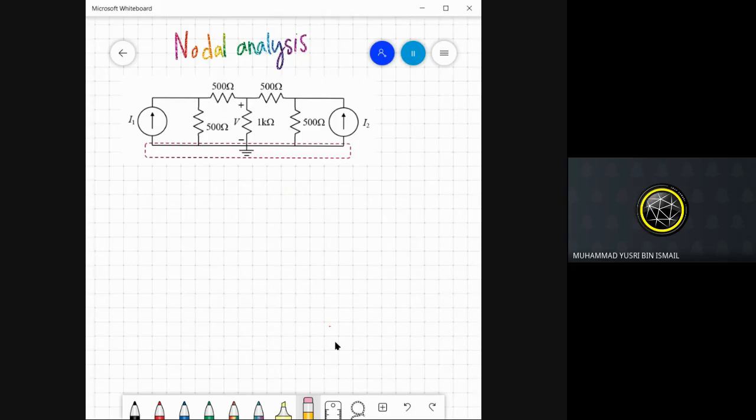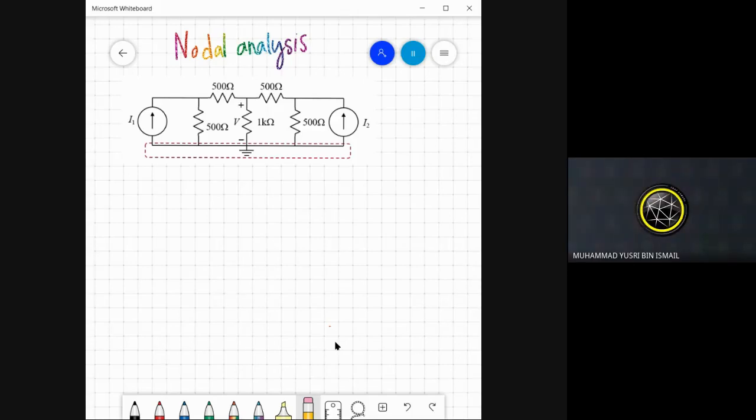Without further ado, I will begin my lecture on nodal analysis. Nodal analysis is another method for you to determine the voltage. The difference between nodal analysis and mesh analysis or loop analysis is that you need to assume the node at which the circuit element is connected.